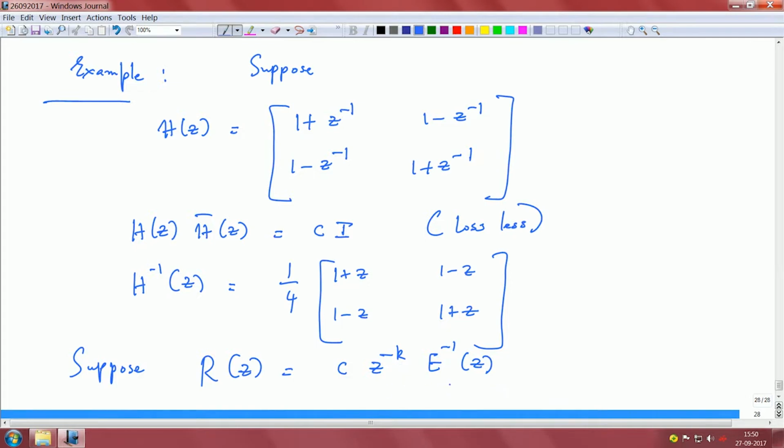You want to ensure the system is causal for certain reasons. The gain is in your control. So let us see what happens when E of z is basically H of z, right, that is E of z is H of z.